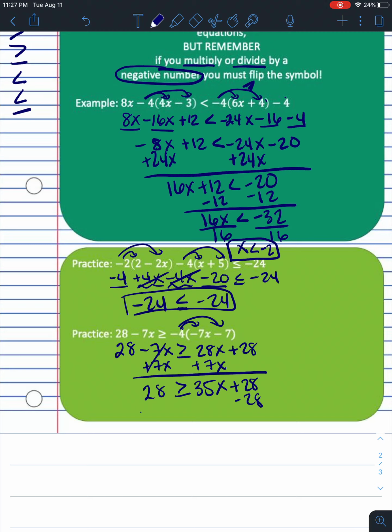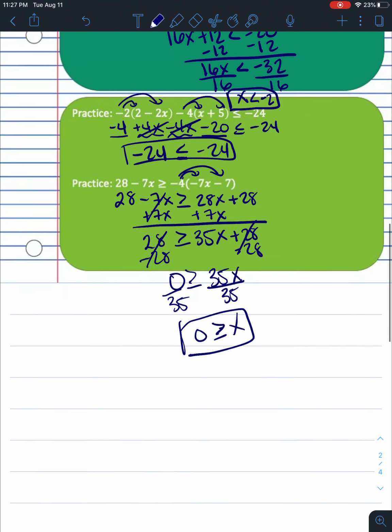So we're going to subtract 28. And this makes 0. This makes 0 also. We have 35x. If we divide by 35, divide by 35, x is greater than or equal to 0. So that's going to be our answer here.